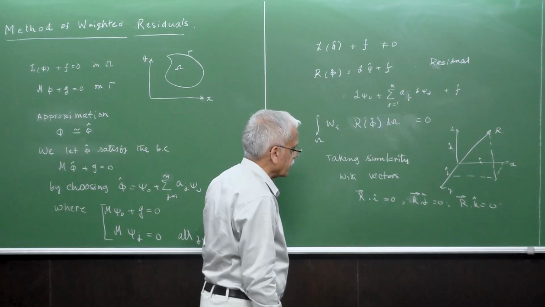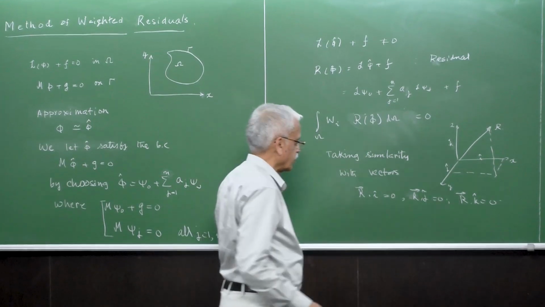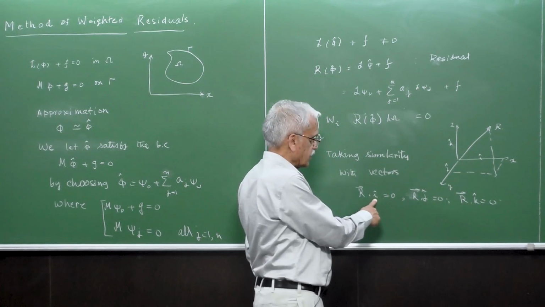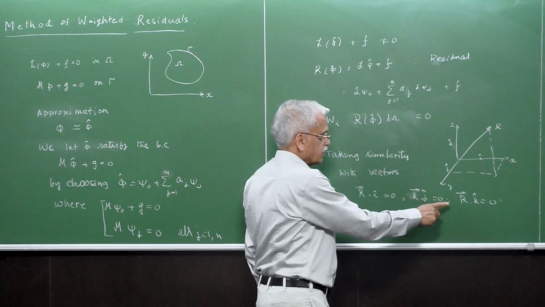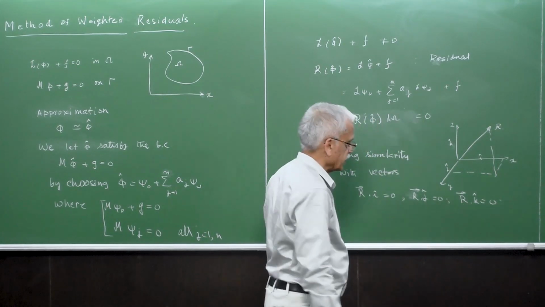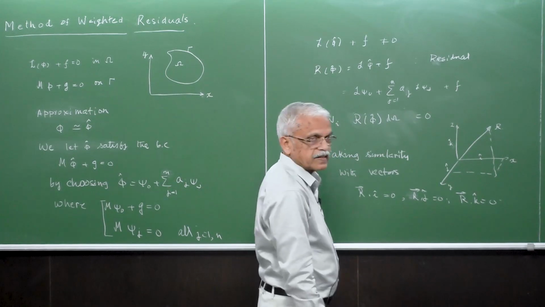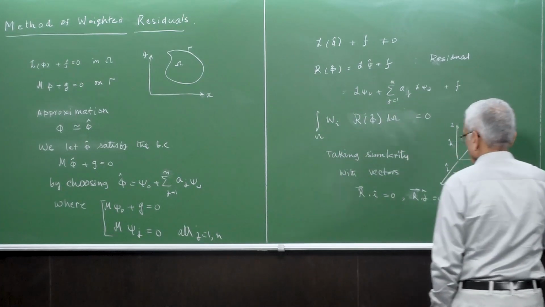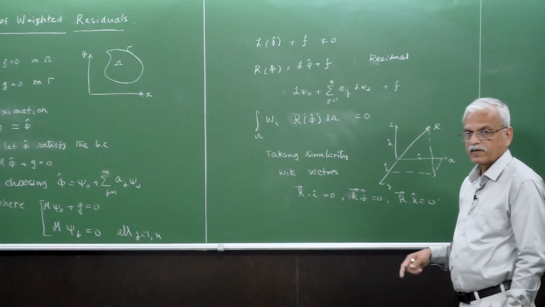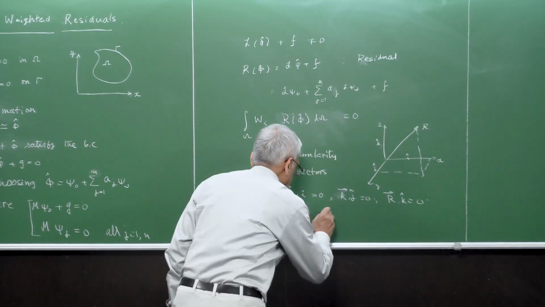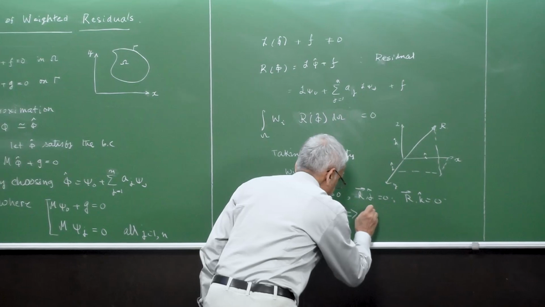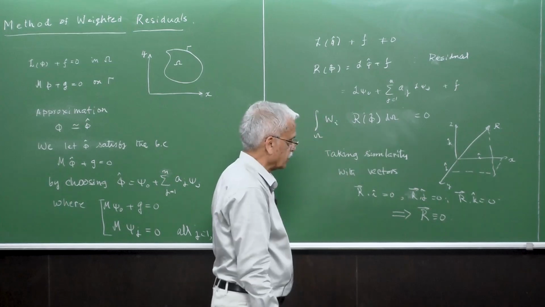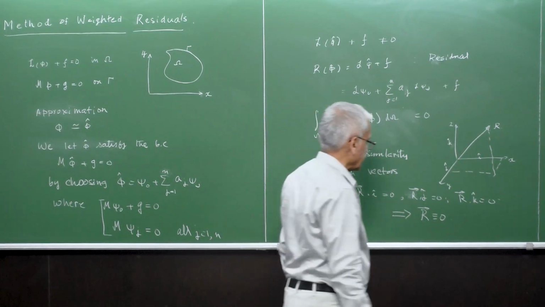Another important thing I would like to point out is that its projection on the x-axis is 0, its projection on the y-axis is 0, and its projection on the z-axis is 0. So if R is only three-dimensional in nature, and its projection in all three basic directions is 0, this essentially implies R is identically 0. This is what vector algebra says.